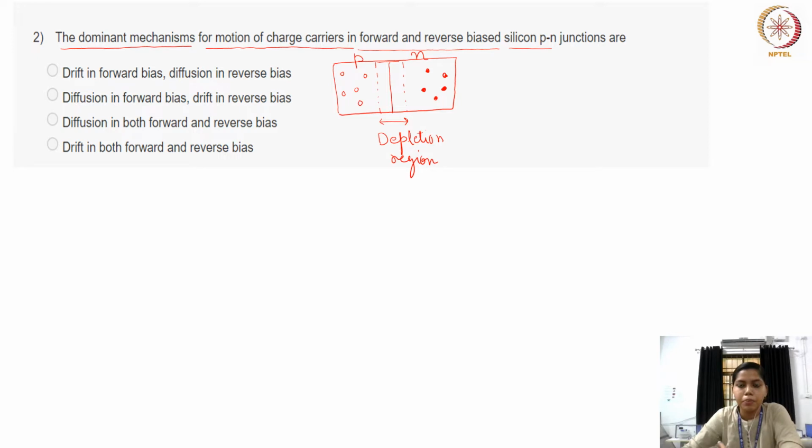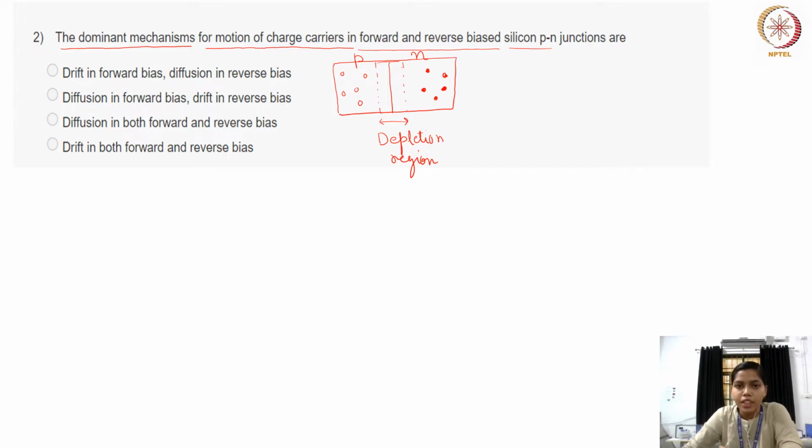When this P and N type material are joined, due to the concentration gradient, on the right hand side we have more concentration of electrons as compared to holes, and on the left hand side we have more concentration of holes in comparison to electrons. So electrons will try to diffuse from N side to P side, and holes in the same way from P side to N side.